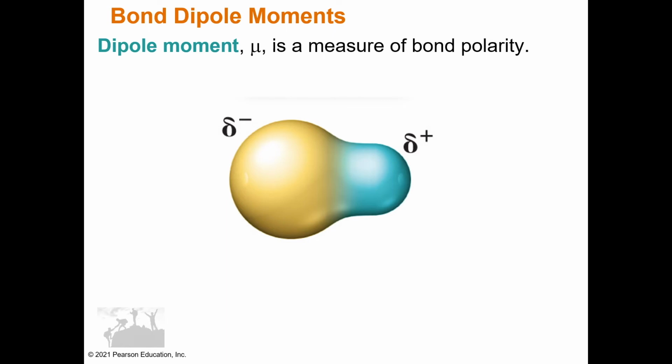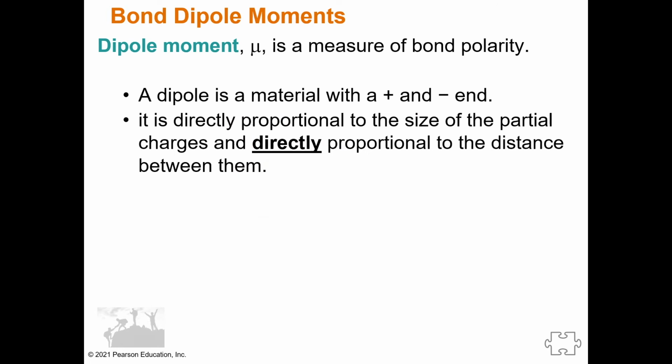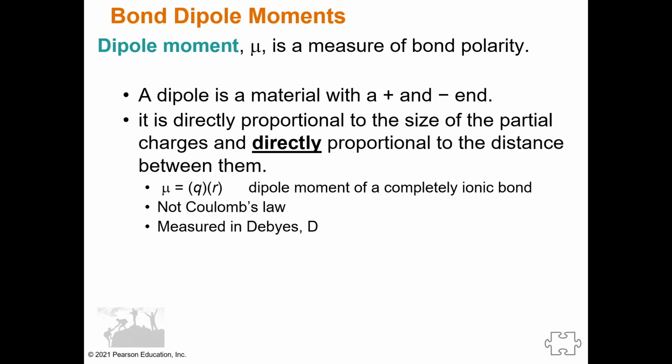Now we're introduced to dipole moment, which is still looking at bond polarity. You already know that a dipole has a positive end and a negative end, but we're not going to take a look at Coulomb's law. We're going to look at this equation here.